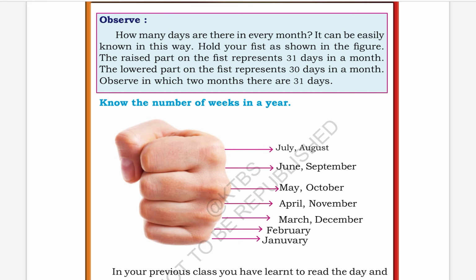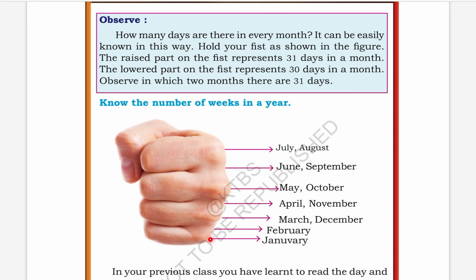Observe in which 2 months there are 31 days. In which 2 successive months, one after the other, which have 31 days continuously.